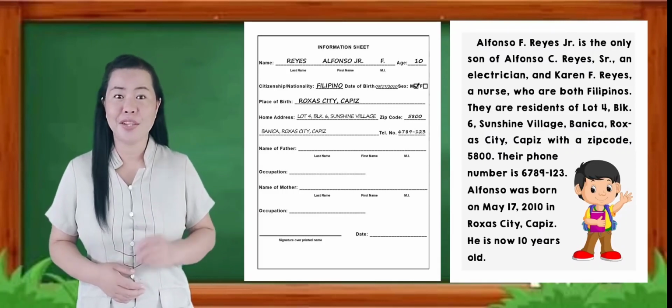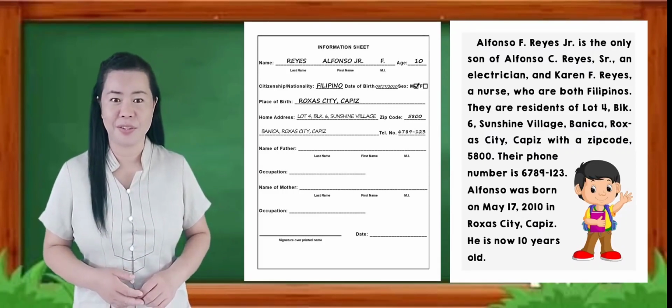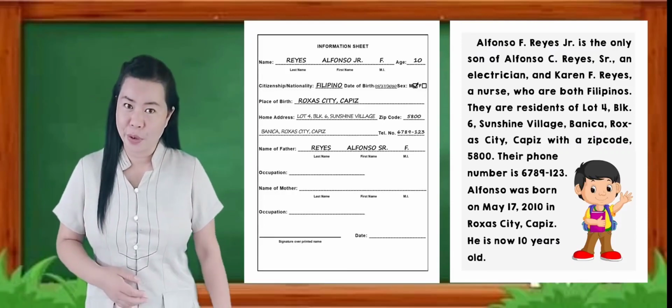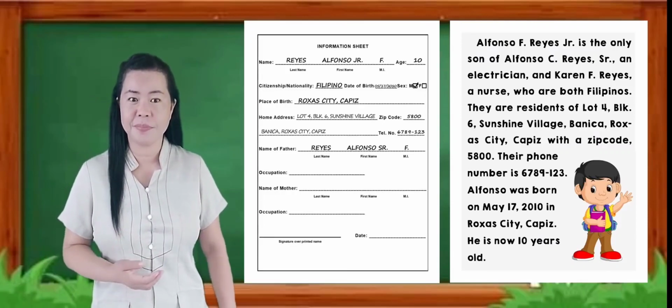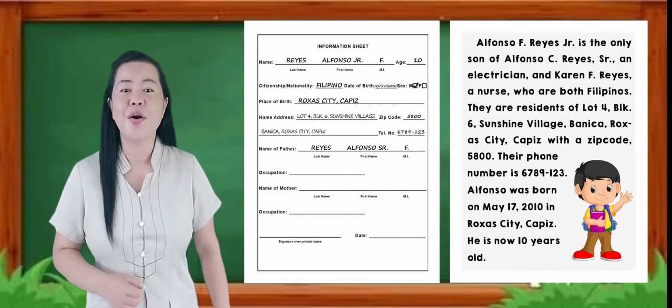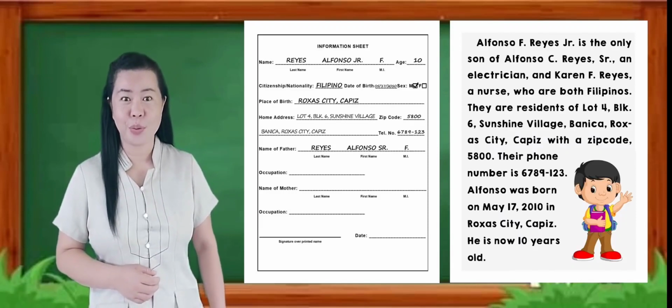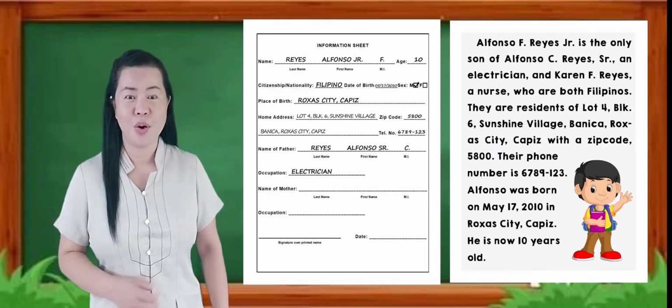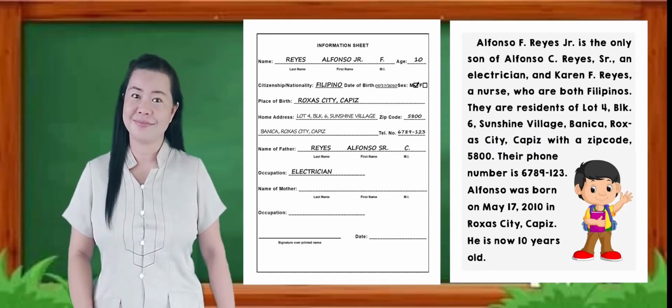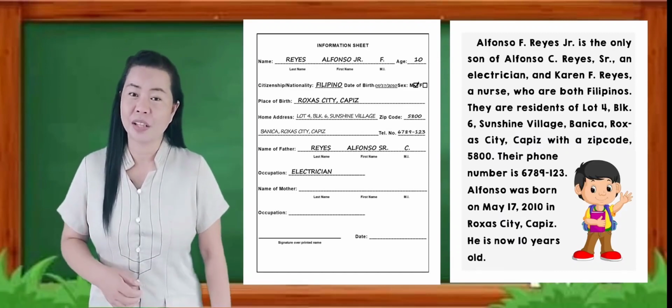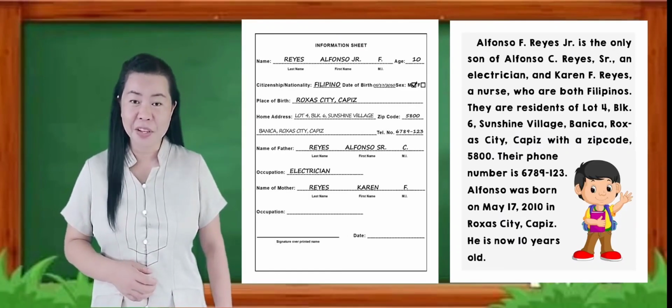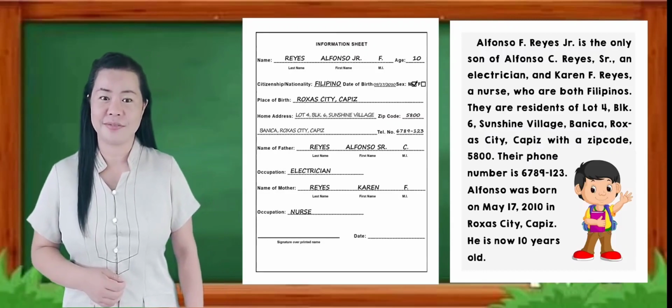Next, write the full name of his father. Follow the required pattern in the form. Next, write the occupation or the work of Alfonso's father, which is electrician. Repeat the process for filling out the name of his mother and her occupation.